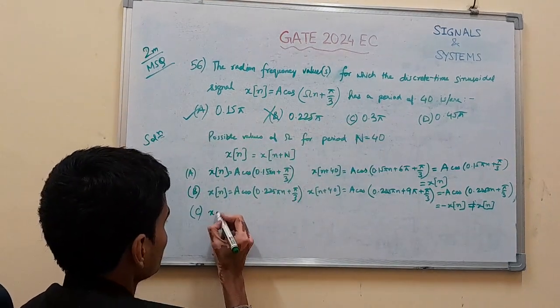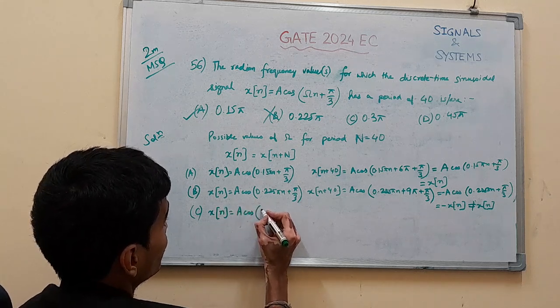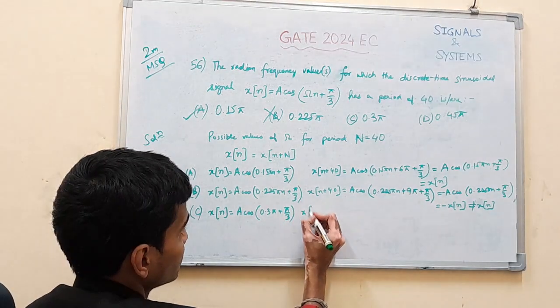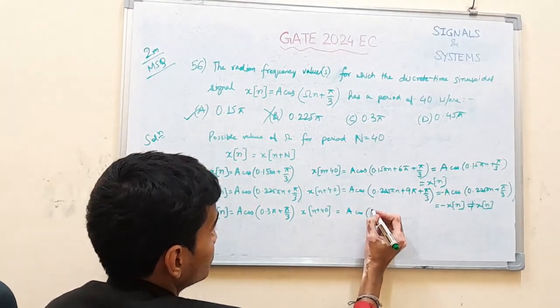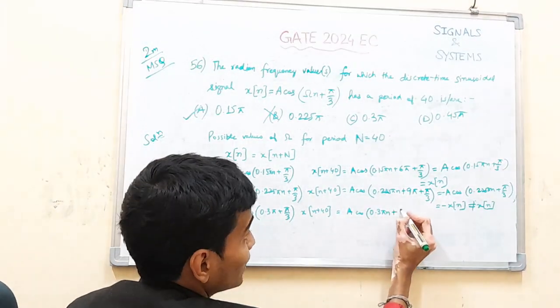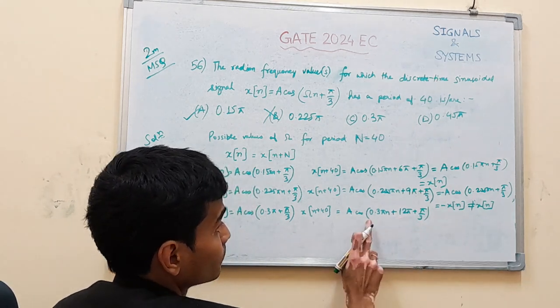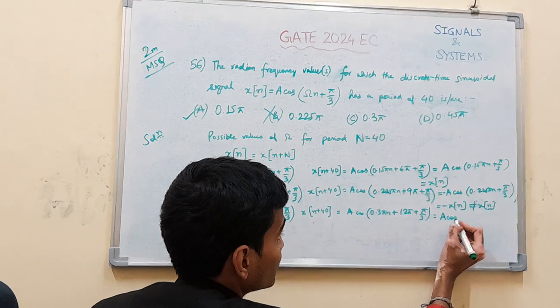Let's check the other options. x of n equal to A cos of 0.3 pi n plus pi by 3. Let's do it a bit fast. x of n plus 40 gives A cos of 0.3 pi n plus 0.3 pi into 40, which means 12 pi. Again, an even multiple of pi plus some angle: the cosine of that is the cosine of that angle only.